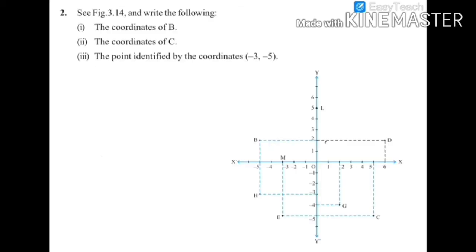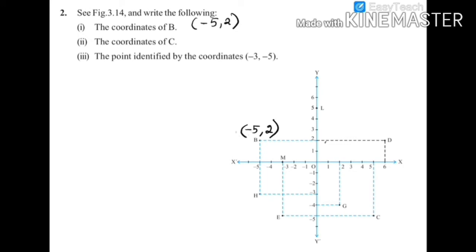Question number 2. See the figure and write the following. Coordinates of point B. The x coordinate of this point is the perpendicular distance from the y-axis. Since you are moving along the negative x-axis, the x coordinate is going to be minus 5. The y coordinate is its perpendicular distance from the x-axis. Since we move 2 units along the positive y-axis, the y coordinate is 2.